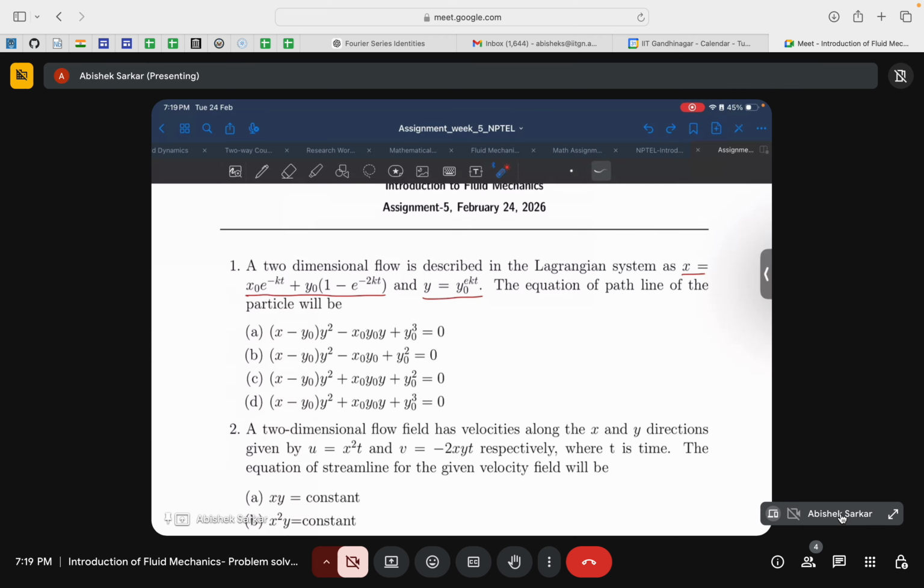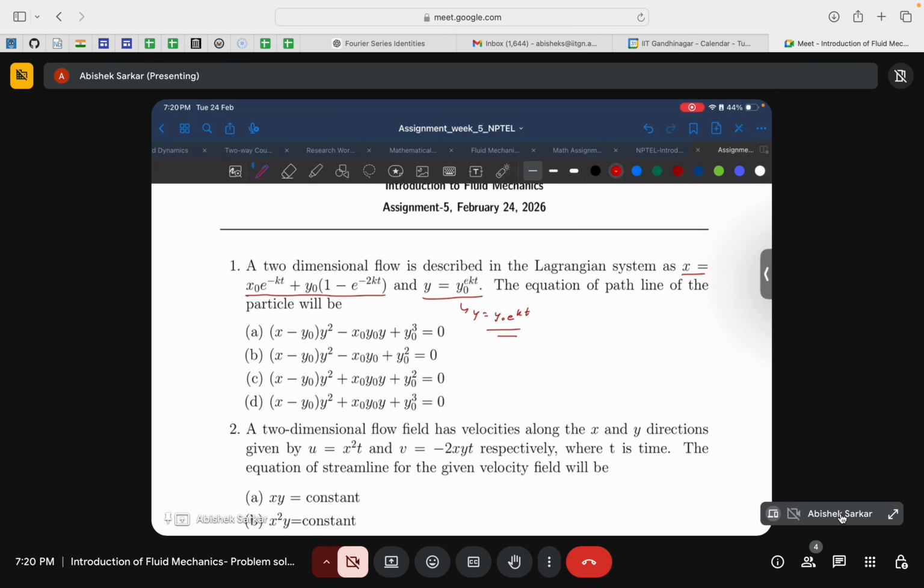The usual practice would be to eliminate time, like you can find an expression of t in terms of y and y naught. But I will just correct it: it is y is equal to y naught e to the power kt. I have just written it wrongly, so this is the correct expression. Now just try to see which of the options satisfy the equations for x and y.